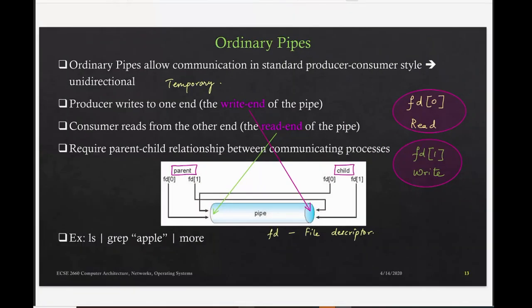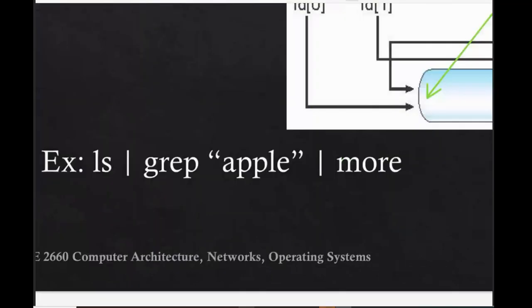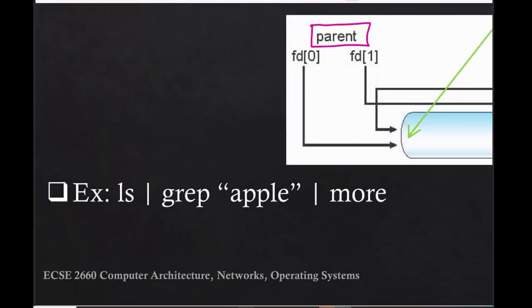So let's take an example where we create a temporary ordinary pipe between different processes. Here we have three processes. You have ls, which is used in the Unix environment to list out all the files in the current working directory. Then we have grep apple, essentially searching for the string apple in the name of the files.